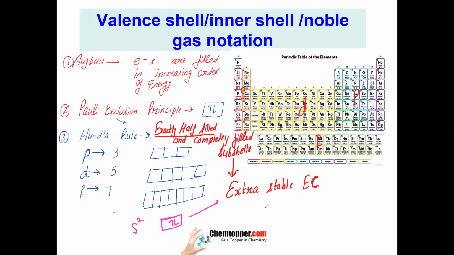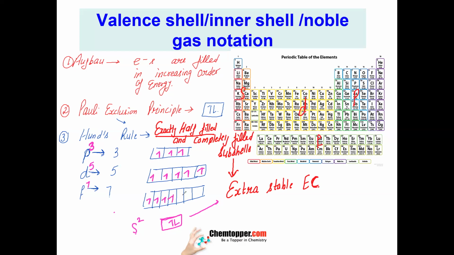What about P? Can you give me exactly half filled P? P3: 3 electrons with parallel spins. Exactly half filled D: 5 electrons with parallel spins. Exactly half filled F: 7 electrons with parallel spins.